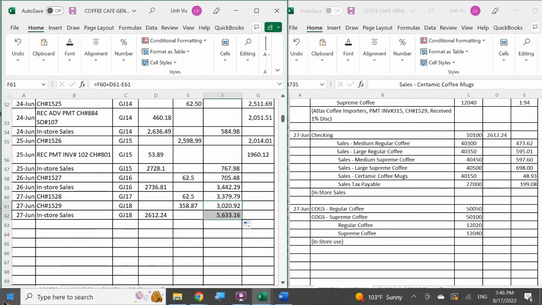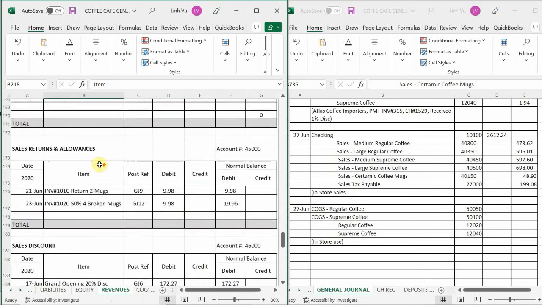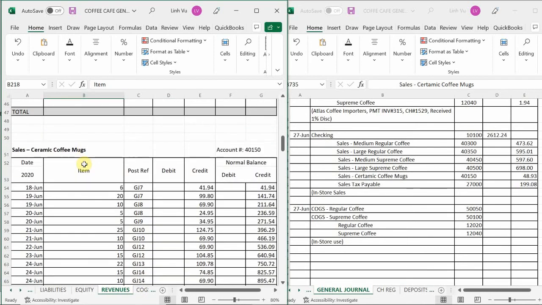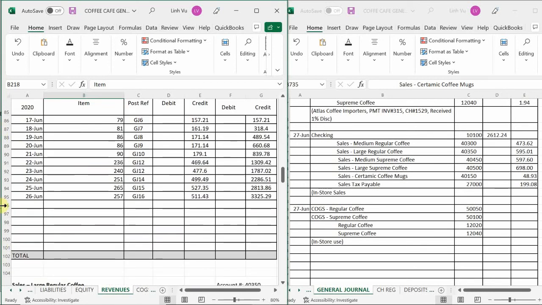Okay, and then we go to revenue. Sales medium regular coffee. On the 27th, we sold 238.